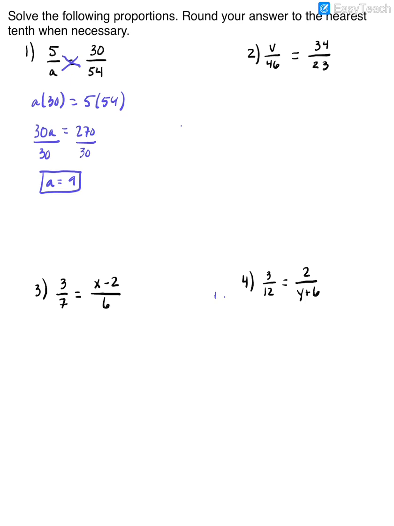Okay. Next one. Sometimes you can do this to both sides. So v is on top, and I can see that v is being divided by 46. So another way of dealing with this would be multiplying both sides by 46.